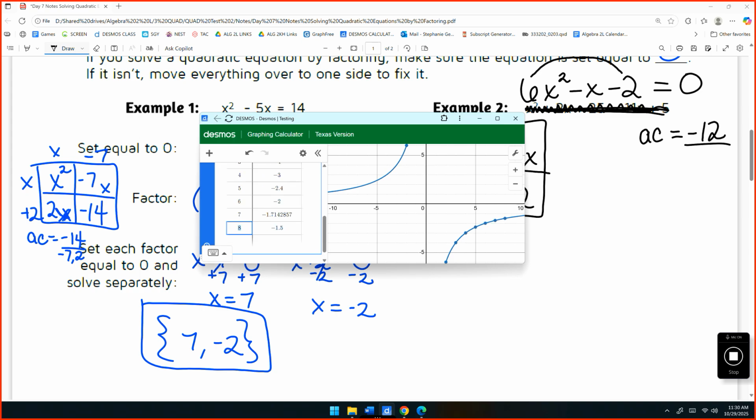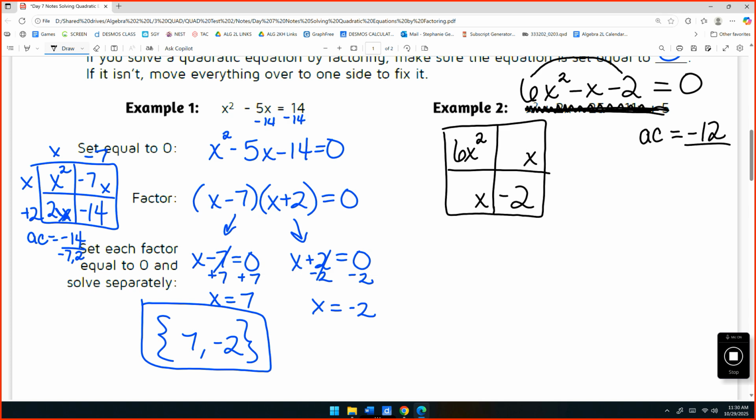Anybody know what those are? Well, here's 4 and negative 3. But when you add that together, you get positive 1. I need it to add to negative 1. How about 3 and negative 4? Those are the numbers we want. It doesn't matter where they go.